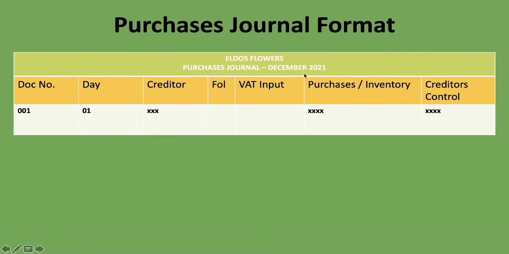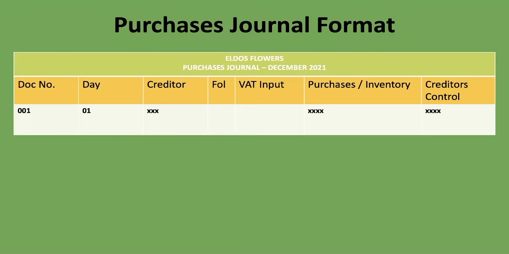And then what we have here is VAT input. Now this is where it's different from the one that we ignored VAT. We have to put VAT on this example that we'll be going through. So you'll have a VAT input column here. Now, why is it VAT input? Well, VAT input is VAT that we will claim back from the revenue authority.